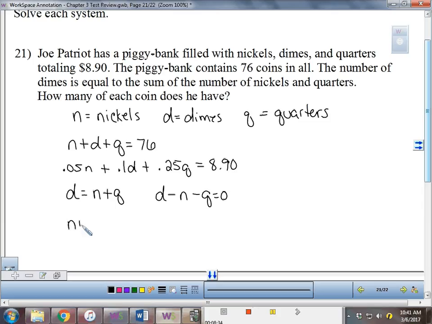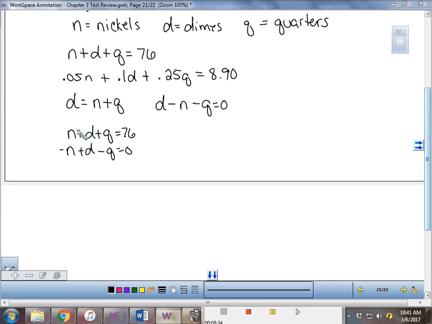So take your top equation and your bottom equation. So I'm going to put it in order. Negative n, positive d, negative q. I'm going to add those two together. So the n's cancel, the q's cancel, and I get 2d equals 76.